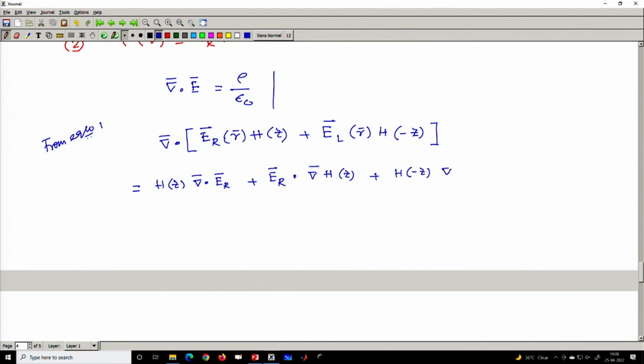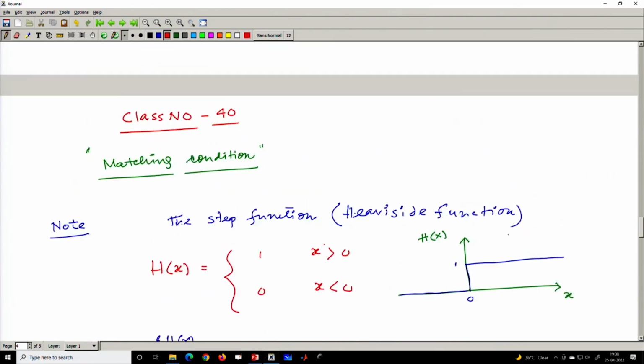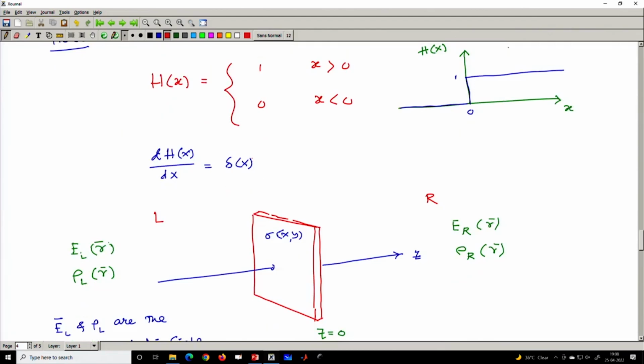and then divergence of E_L, plus E_L dot the gradient of the Heaviside function with minus z. Okay. Now, I already mentioned that the derivative of the Heaviside function gives us the delta function.